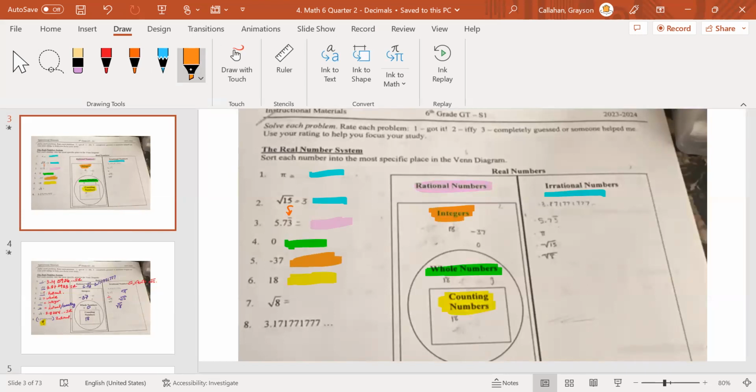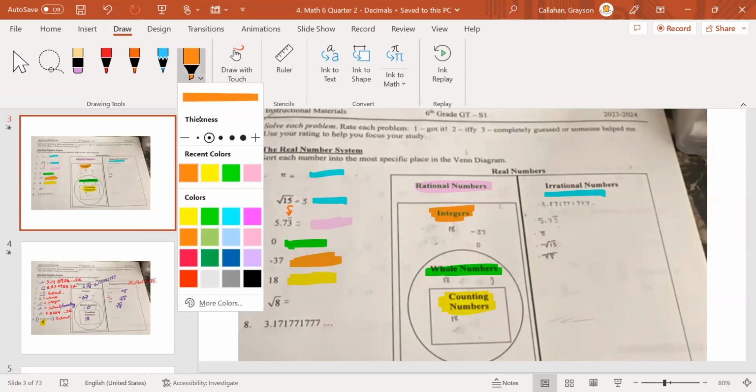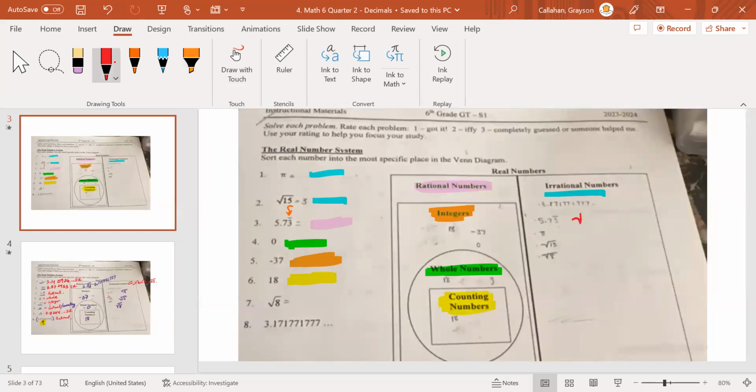What do you think that's gonna be? Yeah, we already talked about it, right? Everything that was from square root of 2, 3, 5, 6, 7, 8, 10, and we also determined 12 and 15 are irrational.